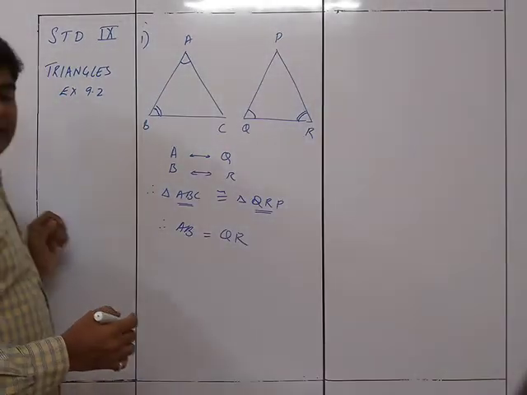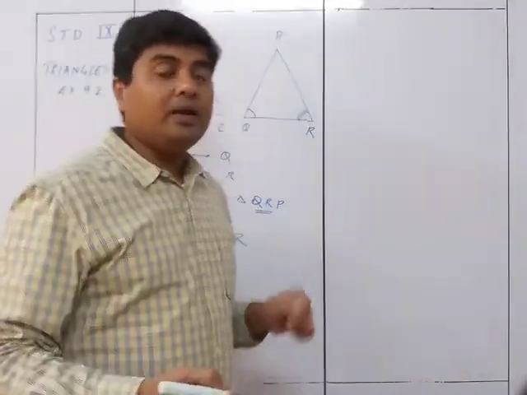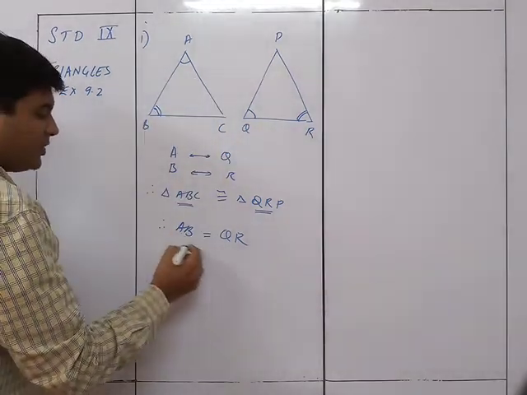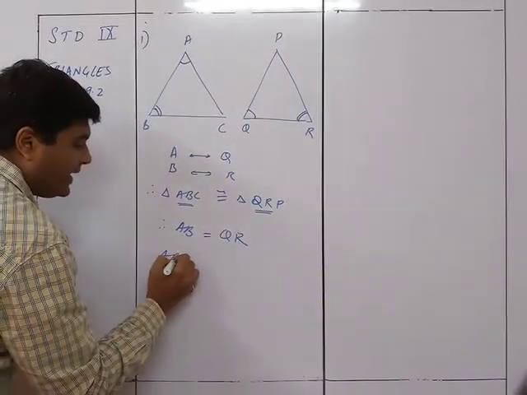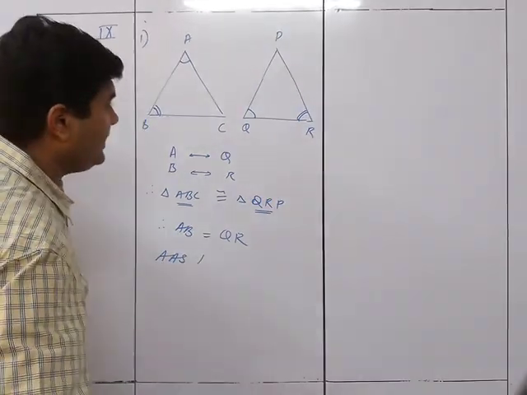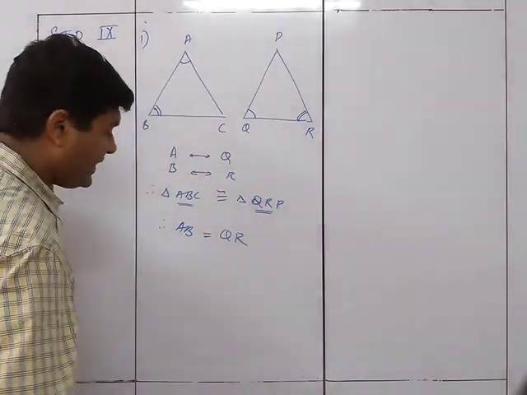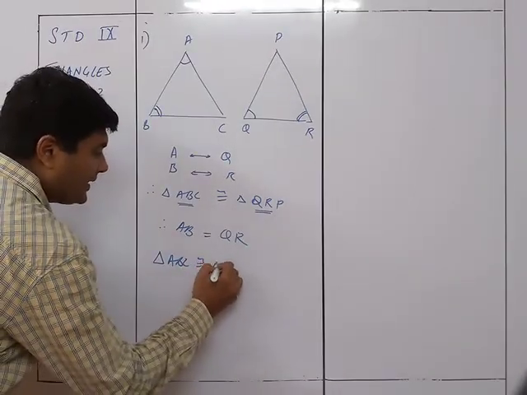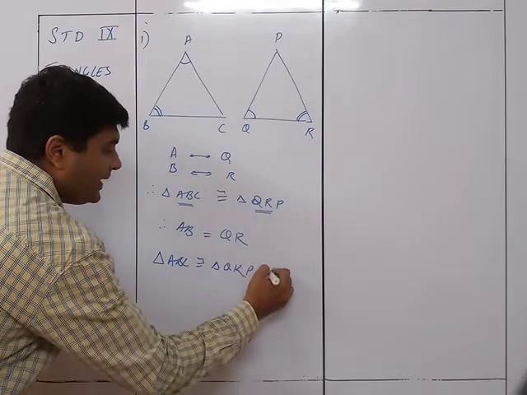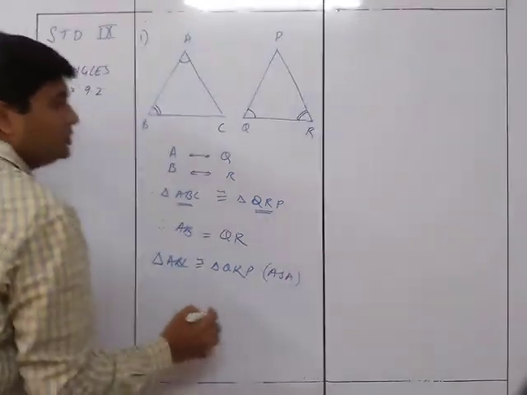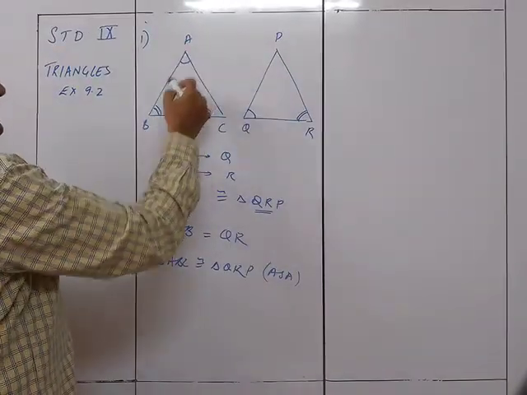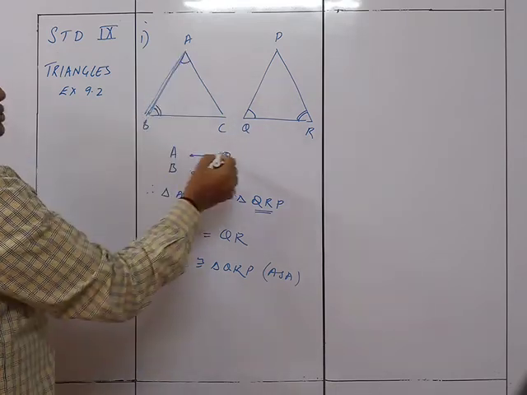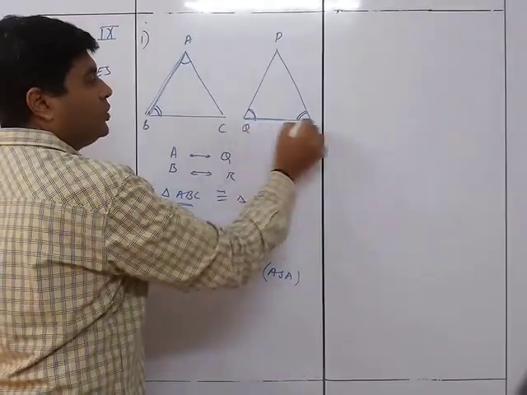Now they ask us why. It is given that the two triangles are congruent. So the two triangles will be congruent by AAS test. Sorry, it will be ASA test. Triangle ABC will be congruent to triangle QRP by ASA test. Because these two angles are there and this is the included side, here also the two angles and the included side will be there.